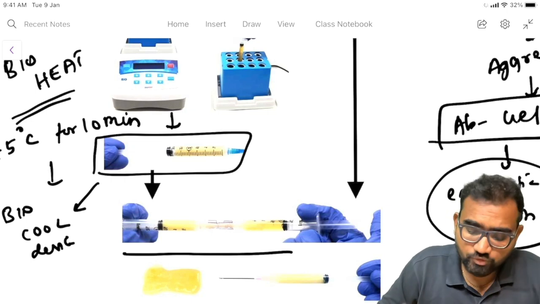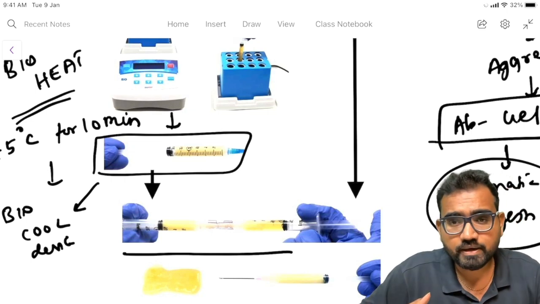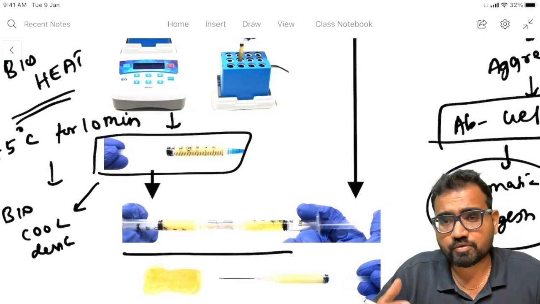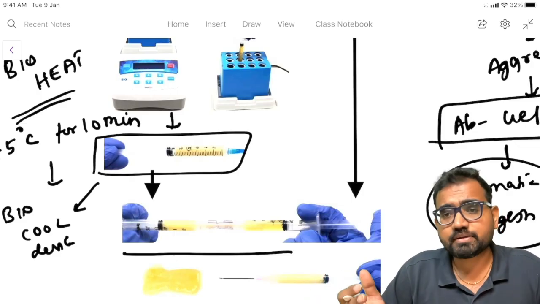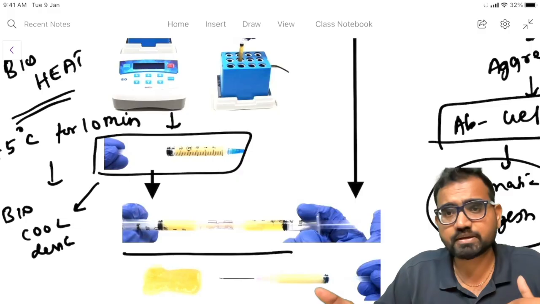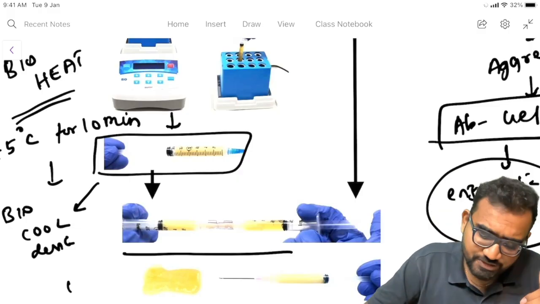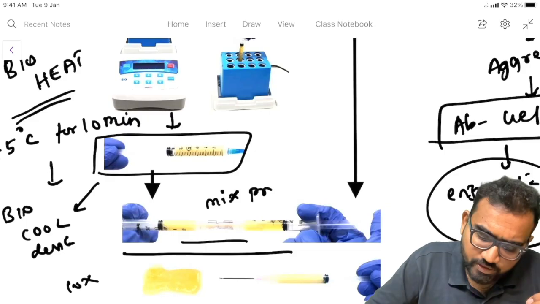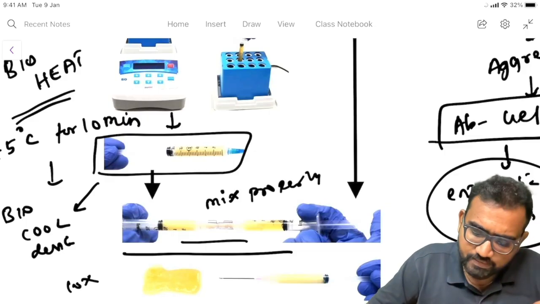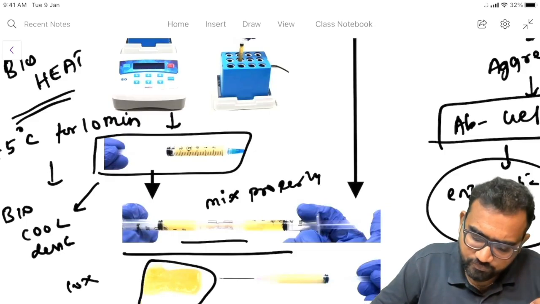This is done with a Luer-lock device, combining the gel with the remaining components of the PRF at least 10 times so it mixes properly. Then you get a perfect E-PRF.